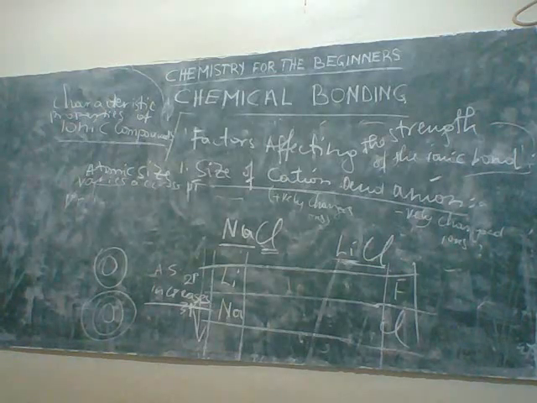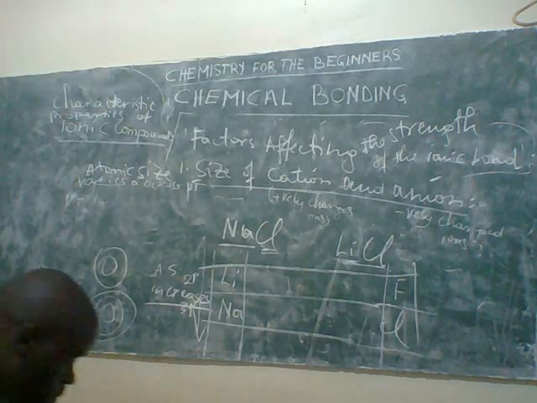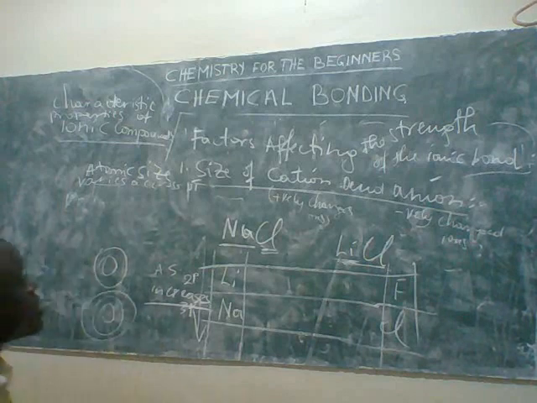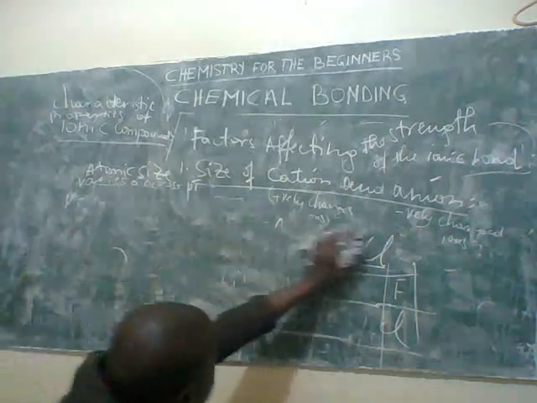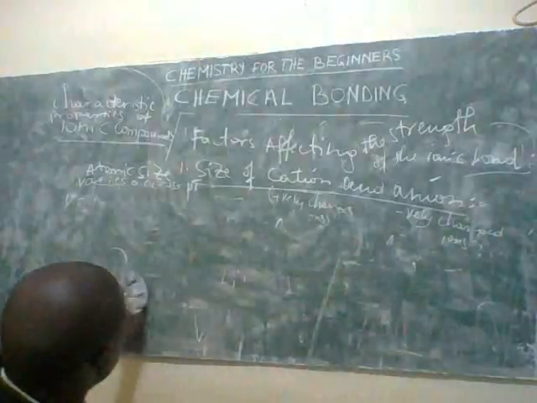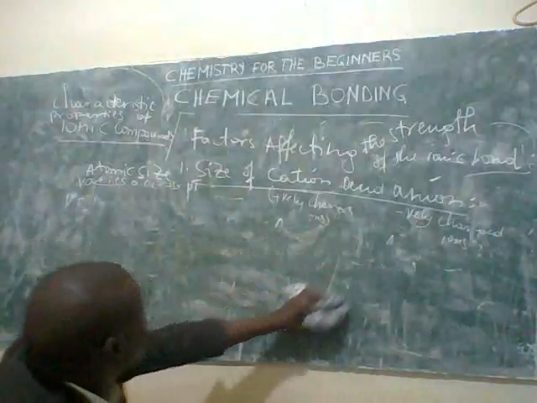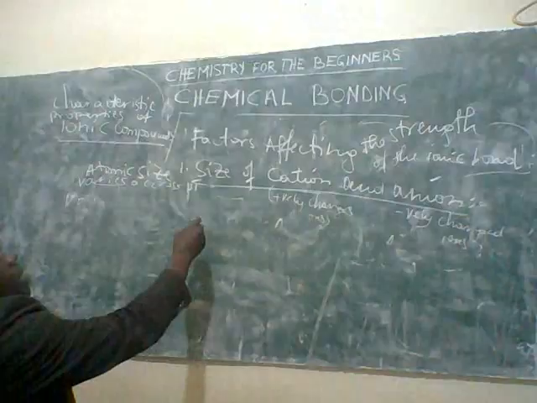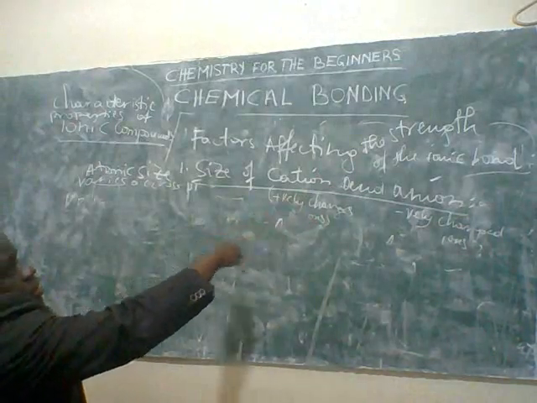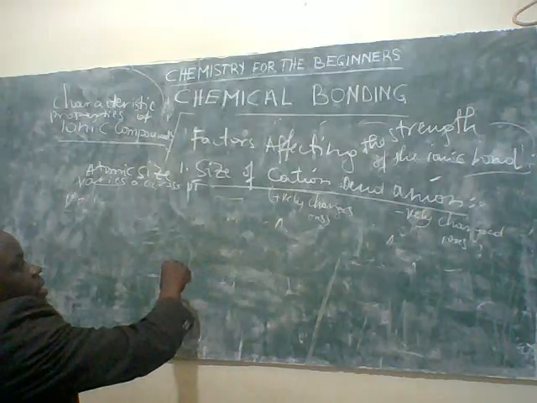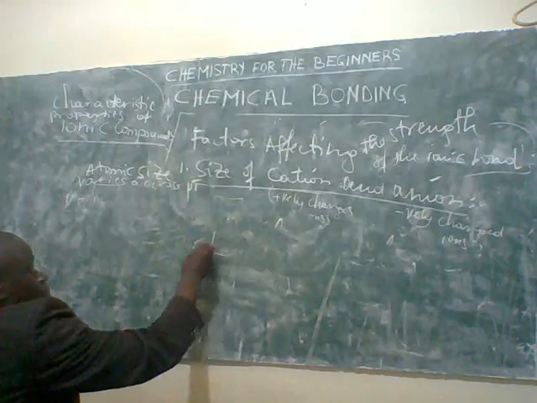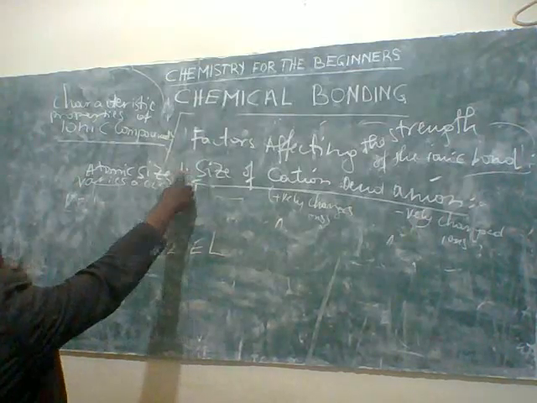Another thing is number two, for the factors affecting the strength of the ionic compound or ionic bond. We can say electronegativity, number two. What was number one?